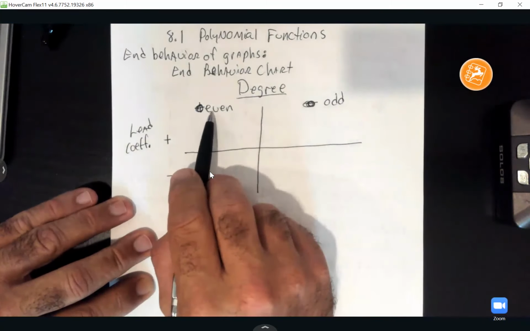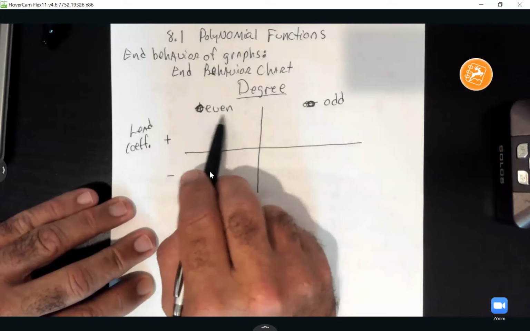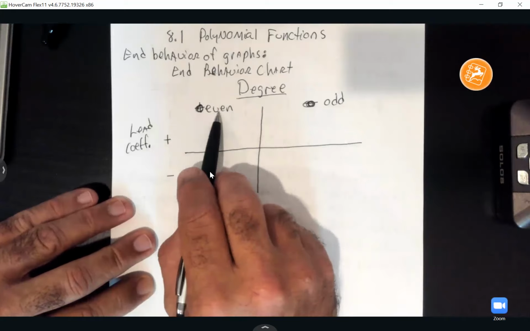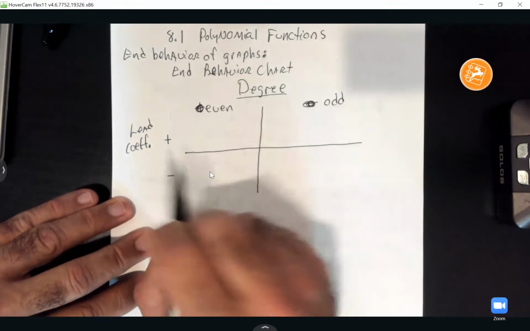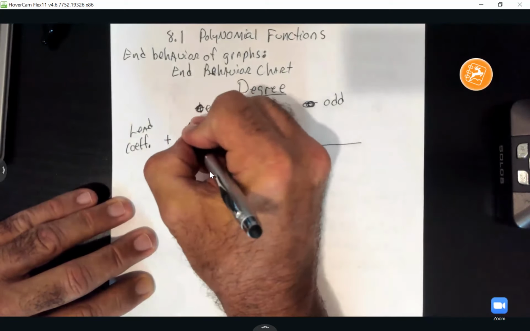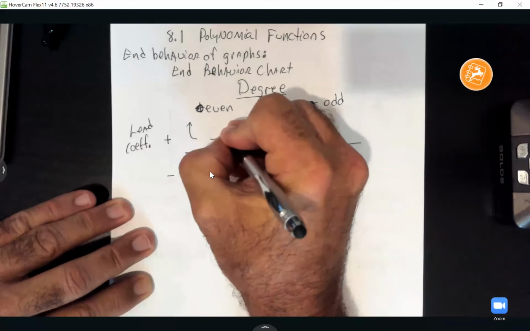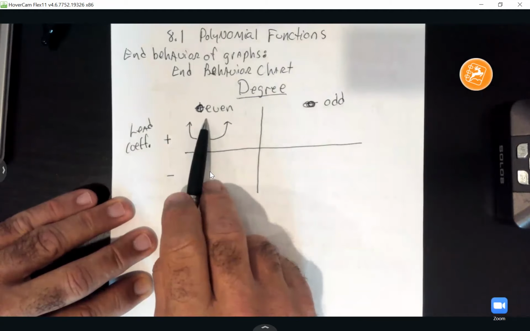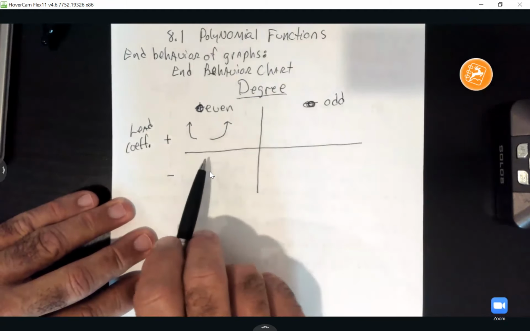So if my polynomial has an even degree, so if the highest exponent is an even number and the lead coefficient is positive, in the long run, both ends of that polynomial will go uphill. So like the x squared graphs.